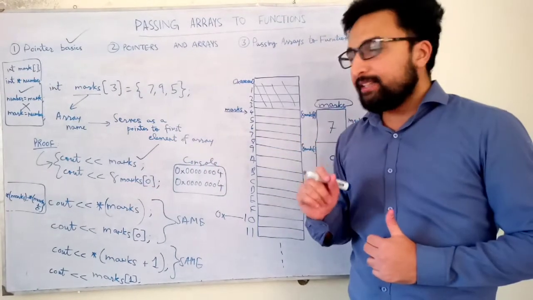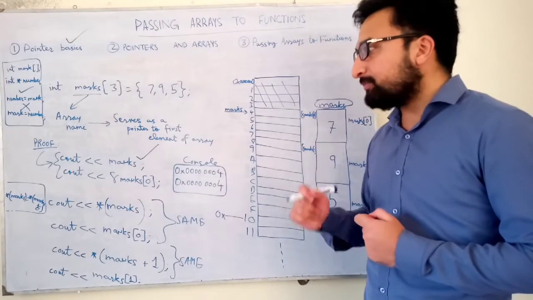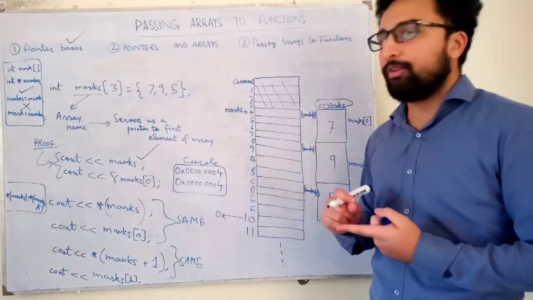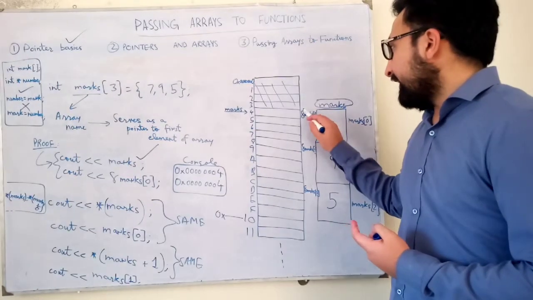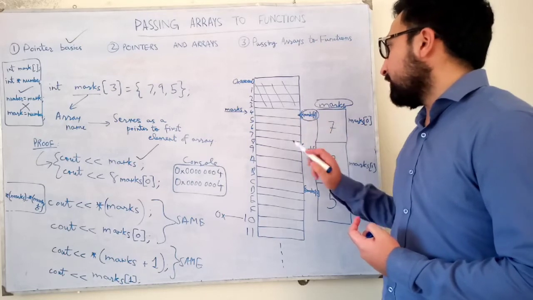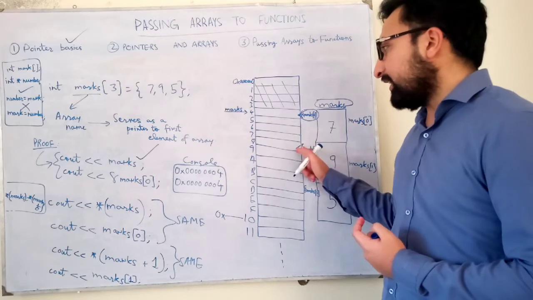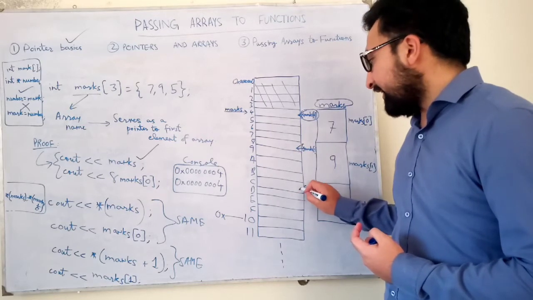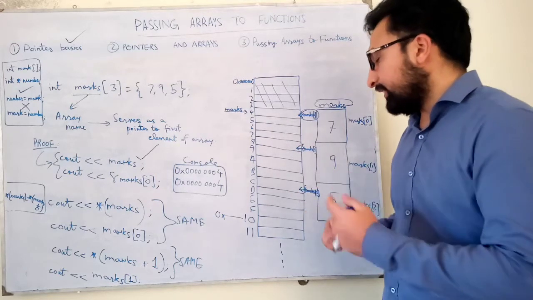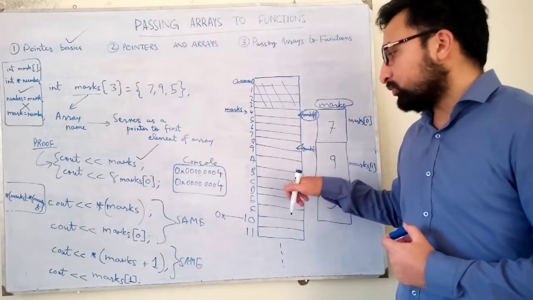What we get is basically an address, and that address is basically of the first element of the array. The address of the first element of the array, we know that will be this particular address. The address of the second element of the array is basically this address, and the third element of the array will have the address that is basically this one.